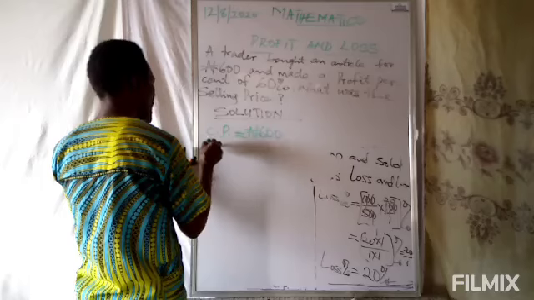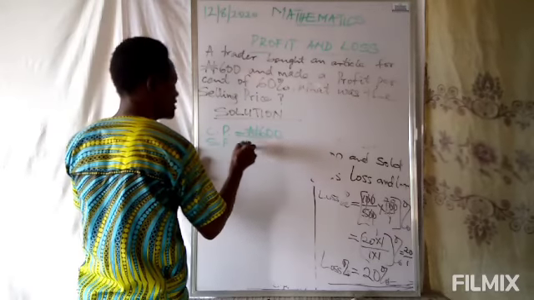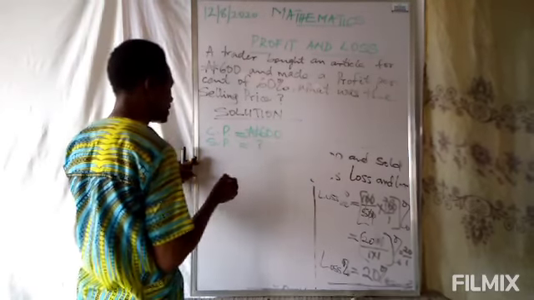Then selling price is unknown, so we put a question mark there.